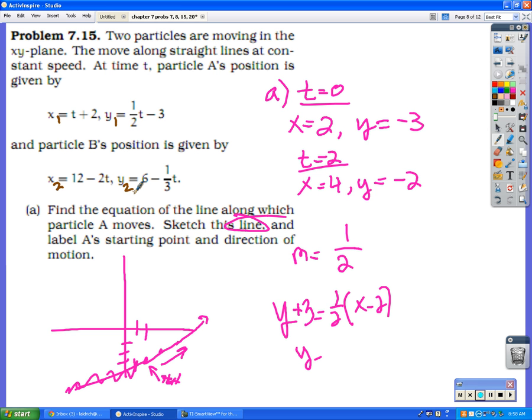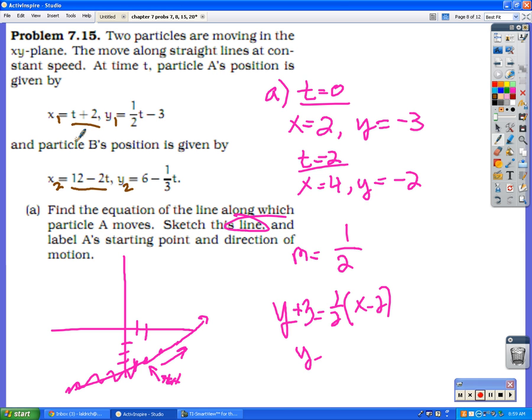Okay, so if I go x2 minus x1, what is 12 minus 2t minus t minus 2? What is this thing minus that thing? No, wait, which thing? This thing right here minus this thing right here. Negative 3t, and then 12 take away 2 is 10.